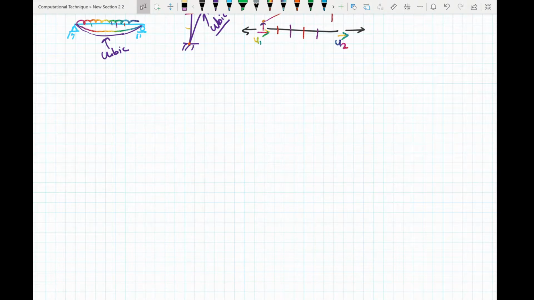Now let's do a simple example of a bar element where we are going to obtain its shape functions. Let's say there's a bar element here and we have applied load P. In our bar element we will have one degree of freedom here and another degree of freedom here. Let this be u1 and let this be u2.